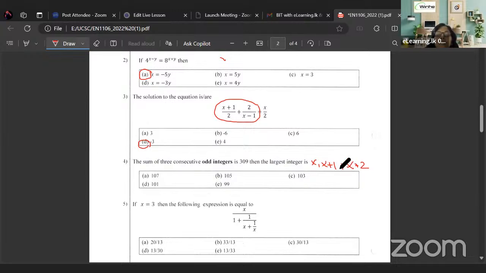Says sum of 3 consecutive integers. If you consider the summation of these 3, then what will be the answer? 3x plus 3 is 309. Right? You can divide both sides by 3.